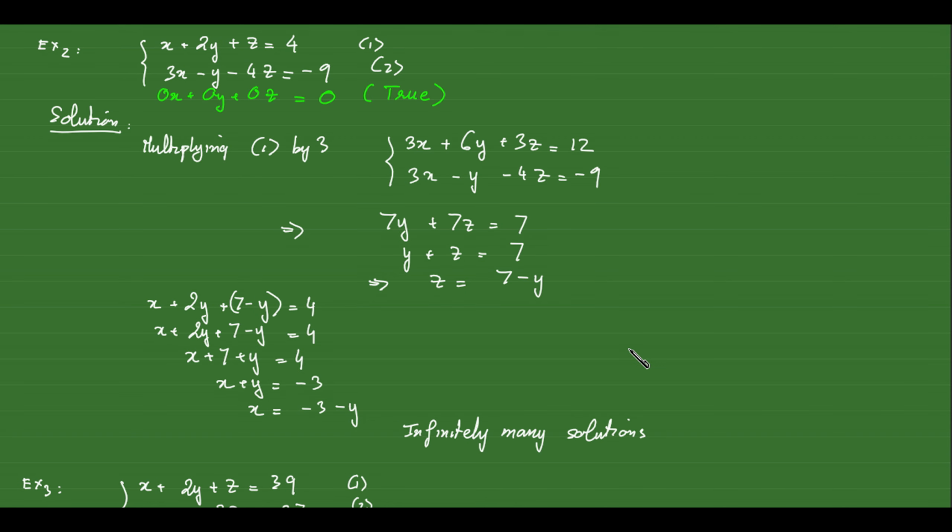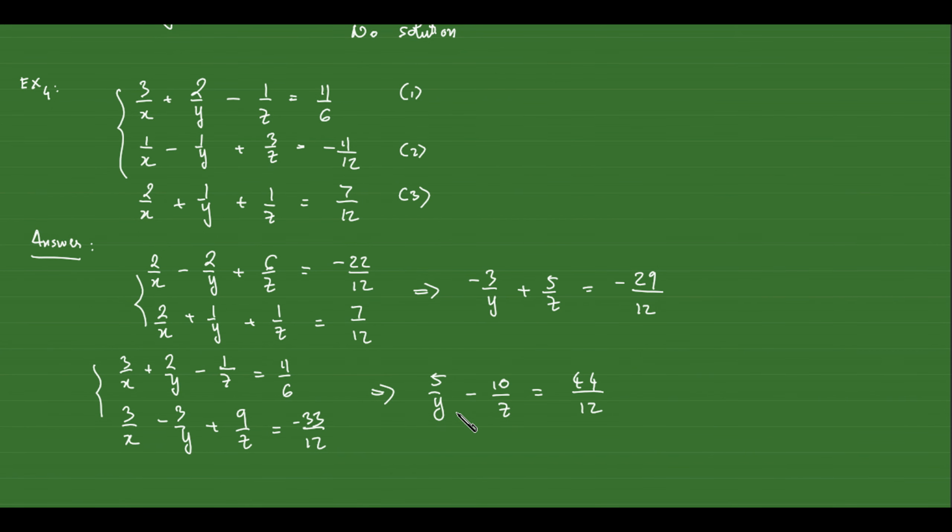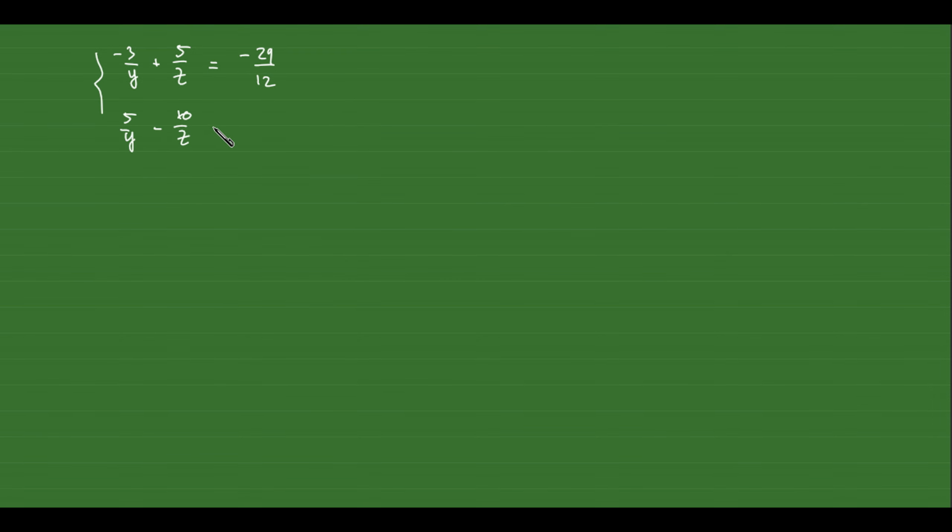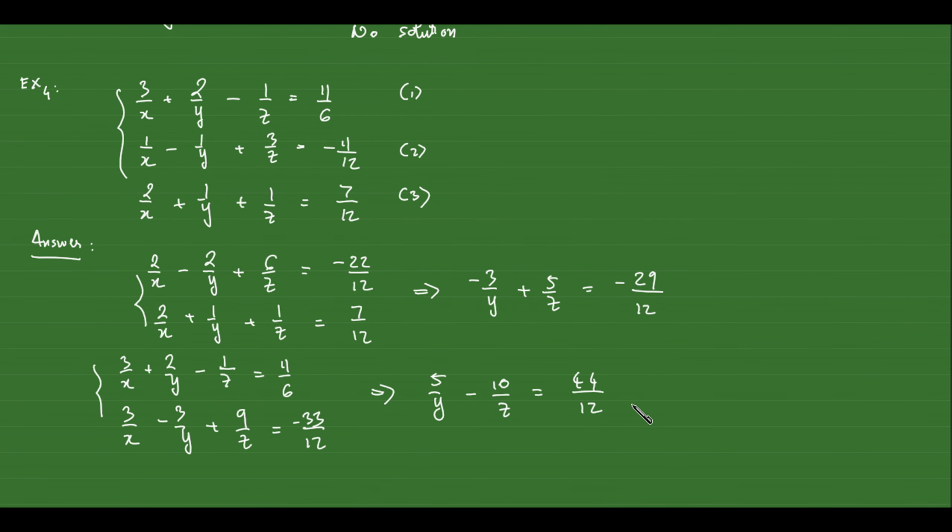And 5 over y minus 10 over z equals 44 over 12.